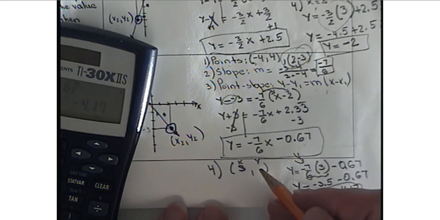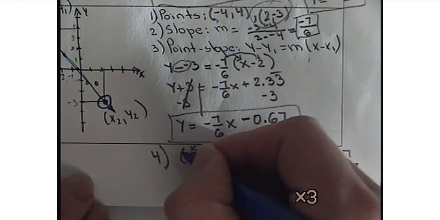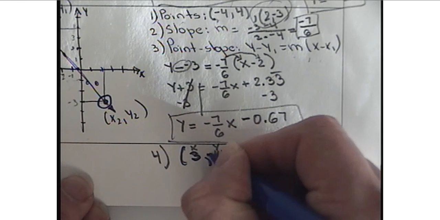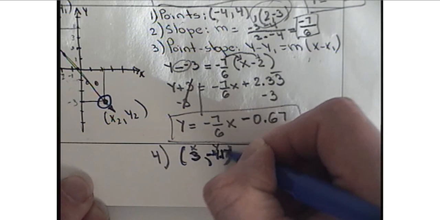Minus 0.67 will give me negative 4.17. So the y coordinate for this prediction point will be negative 4.17. And I hope you guys understand that, let me zoom in a little bit so you can see, this right here is x equals 3 and y equals negative 4.17.